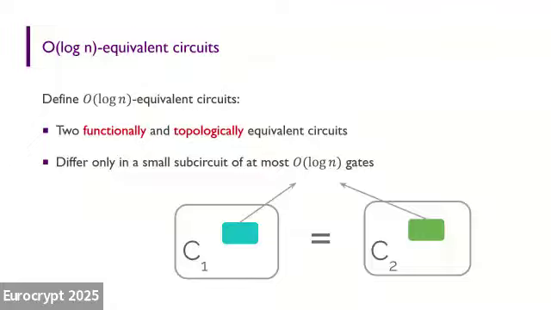For example, here C1 and C2 are O-log equivalent except the colored blocks. Since the gates outside the blocks are all identical, the functionality of the two blocks are also equivalent, although they might have slightly different codes.